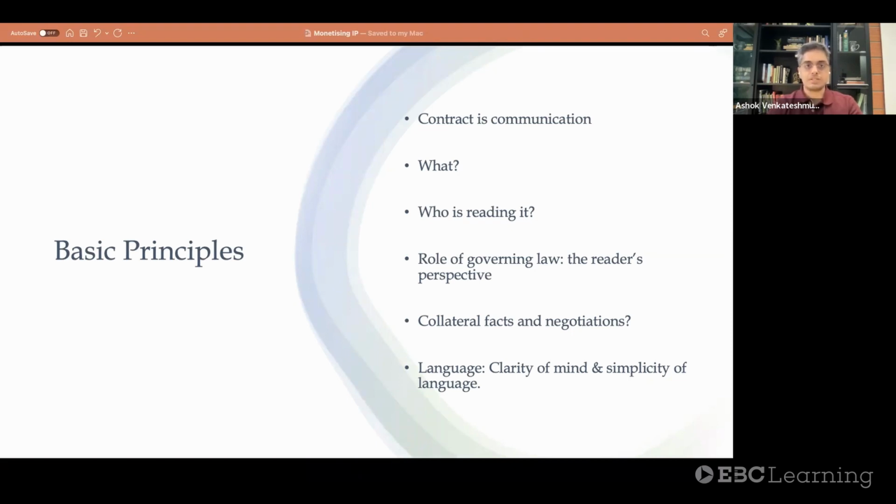But the next question that arises: what is the utility? It's very common to see that these two characters in the world of technology define the scope of work in such technical jargon that somebody like you and me, who have to actually read and understand the contract if it ever comes before us for enforcement, will not be able to understand exactly what the scope of work was, to later determine whether the work entrusted is actually complete or not.